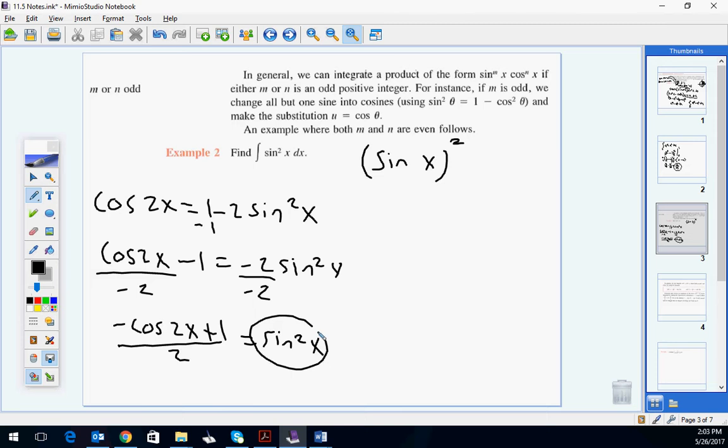It doesn't have a square. So we're just going to take this and put it in here because it's easier for us to integrate. They are equivalent. We can't integrate the other one because we can't just add a cosine in there. Like I said, we can't make substitution because we don't have the piece we need.